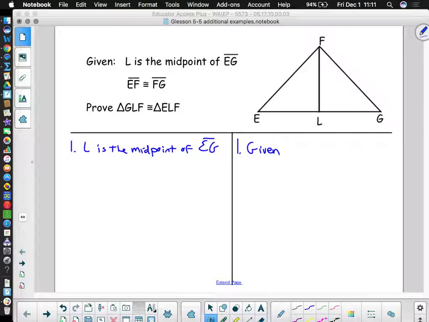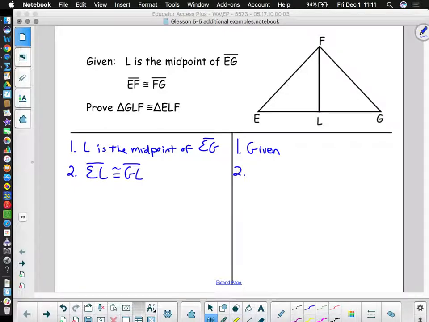So, this given is that L is the midpoint of segment EG. Fantastic. Can I make any conclusion about parts being congruent from that statement? Yeah. Which ones? Segment EL is congruent to segment GL. Okay. EL, therefore, must be congruent to GL.